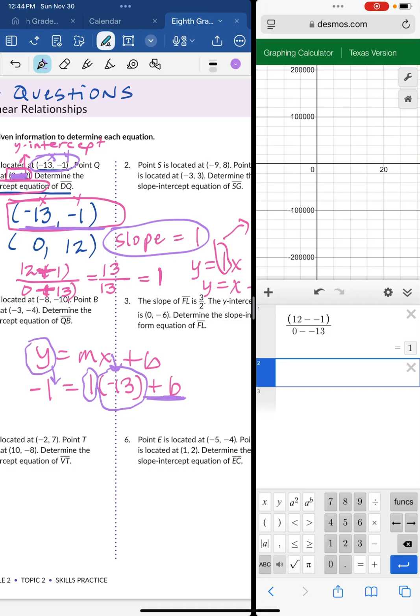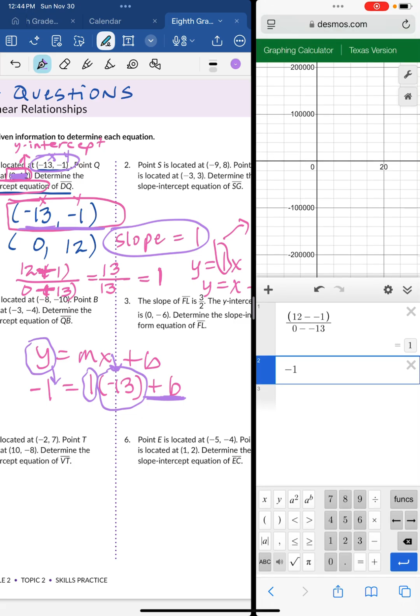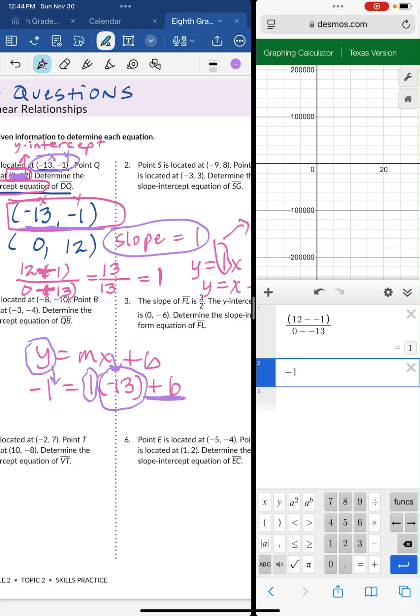So I'm going to say, and this is a trick that I'm going to show you, I'm going to have this written on the board. -1, and instead of the equal sign, I'm going to put something else. Well, let me put the equal sign for now. Is equal to 1 times -13 plus b.